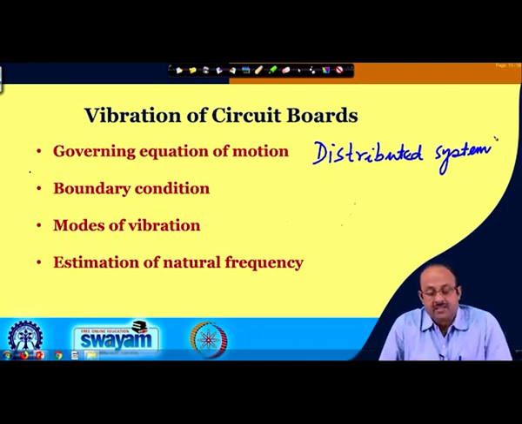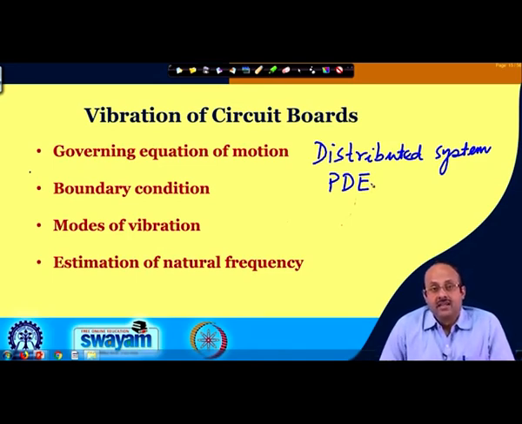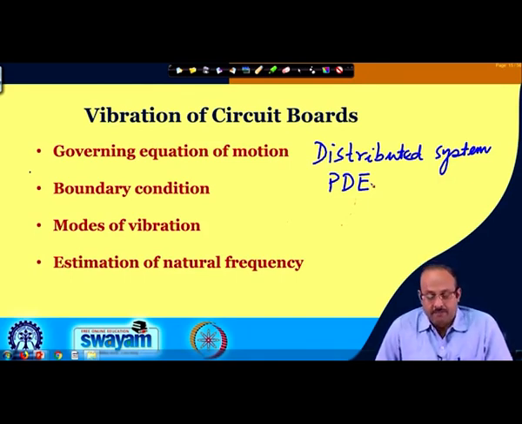And for the distributed system, the governing equation of motion is a PDE, that is, partial differential equations. For the lumped parameter systems, the equation of motion was an ODE, but now this is a partial differential equation, which is quite complicated, and the solution is also very complicated. The boundary condition is the most important part here.